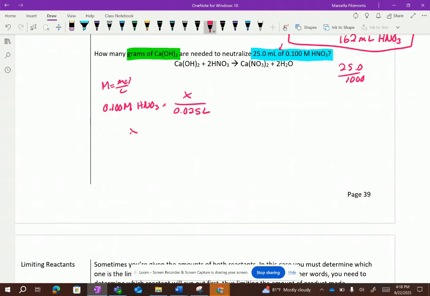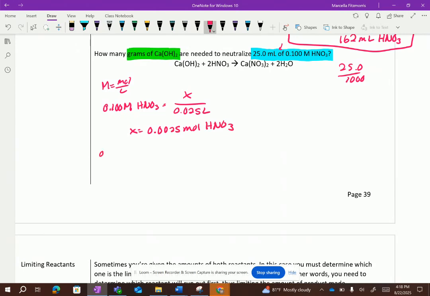All right. So now we have 0.025. I said it right, I wrote it wrong. 0.0025 moles of this HNO3 solution.